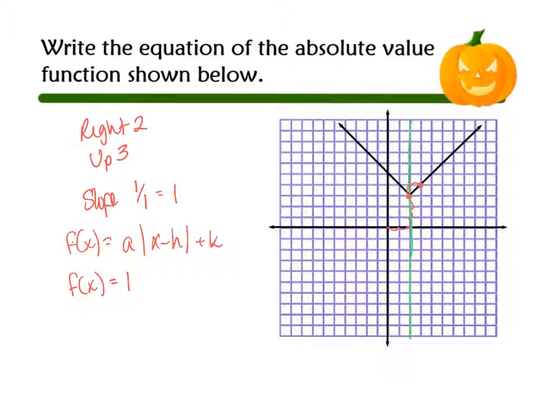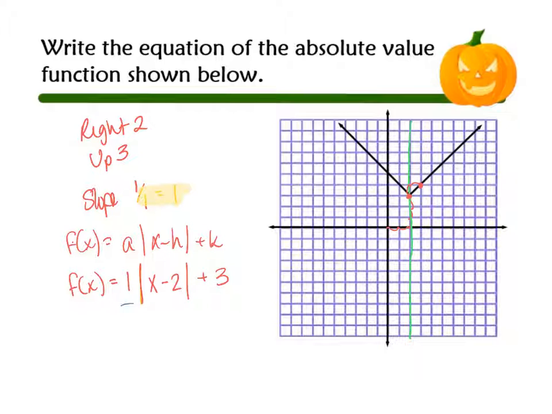That's our slope. Then we have our absolute value sign. I have x, and I want the opposite of our left and right movement. So it moved right 2, there needs to be a minus 2. Close my absolute value. And then it moved up 3, so I need to add plus 3.